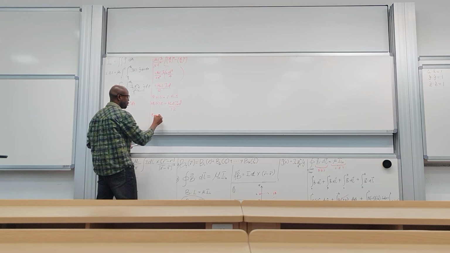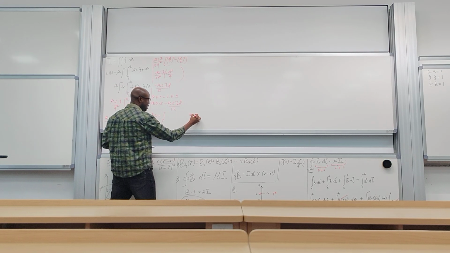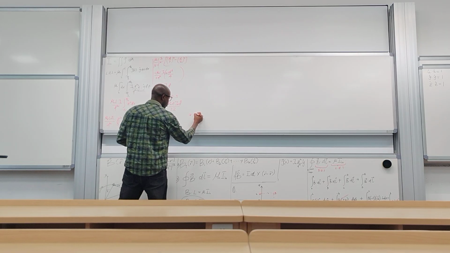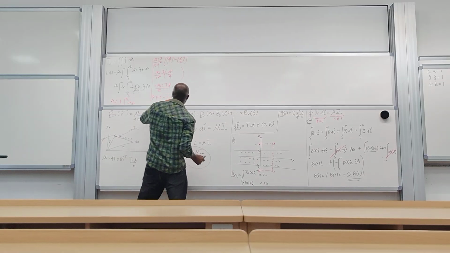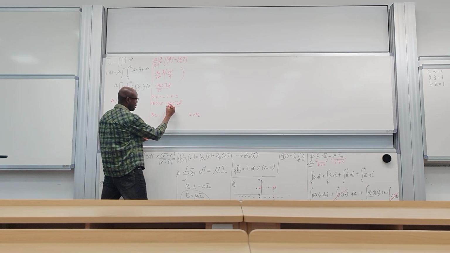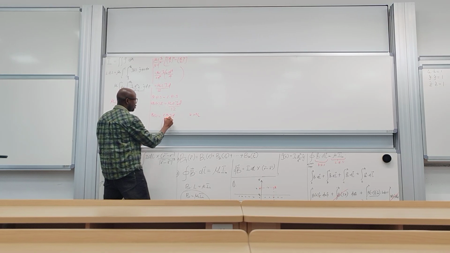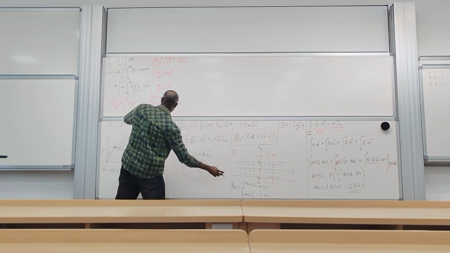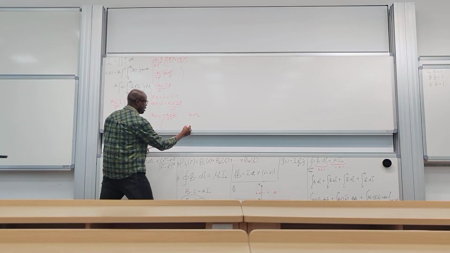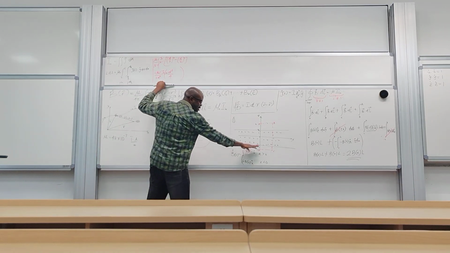Bz will give me, for z greater than d over 2, that means I'm going out of this slab, mu naught j naught d over 2 times 12, which is 24. This is the x direction because that is Bz. And if z is less than minus d over 2, it means I'm going out of this slab to the negative side.